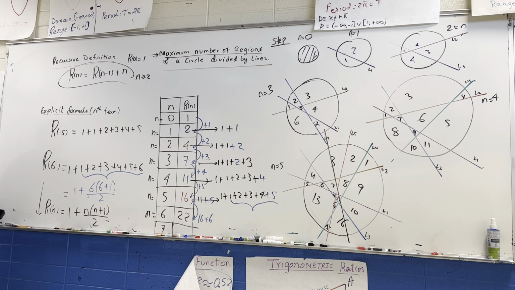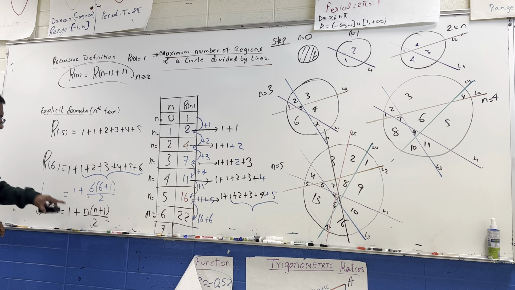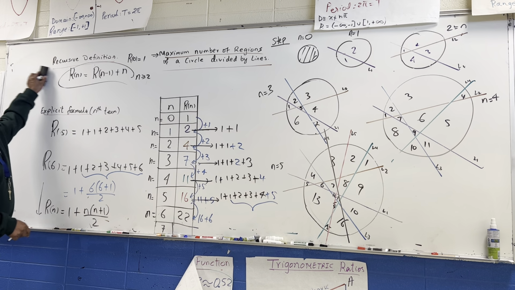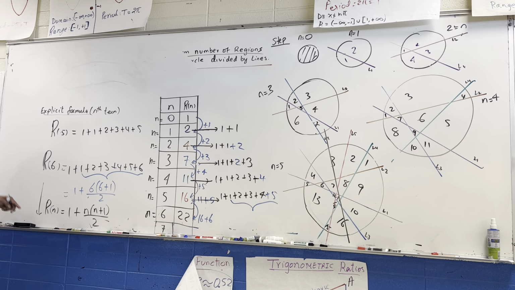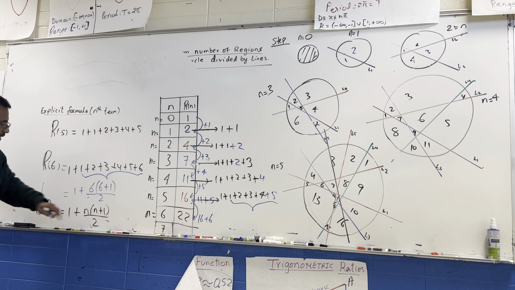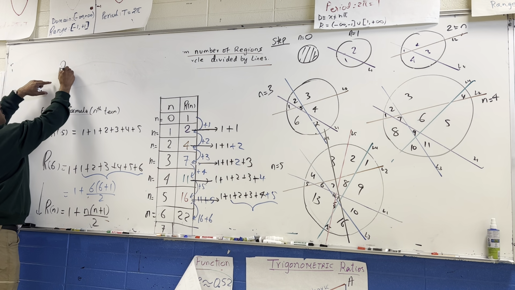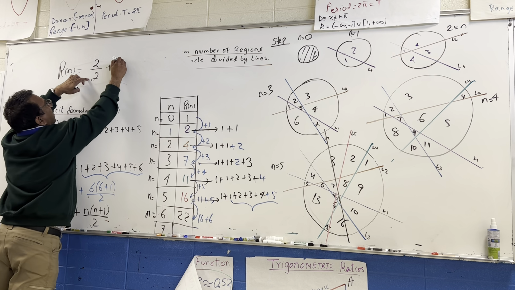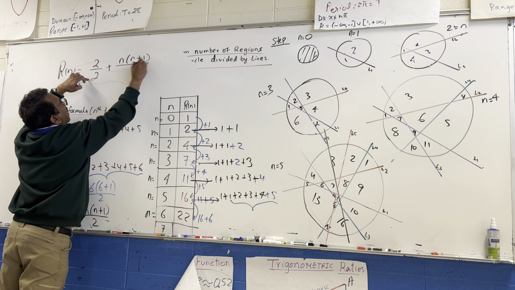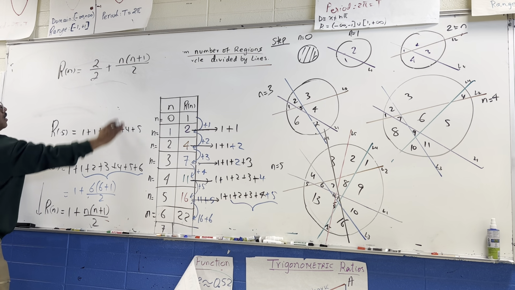Okay, now with this, I want to create a quadratic function from this. Can we do that? Because there's a 2, I can write this as Rn equals 2 over 2 plus n times n plus 1 divided by 2. So now you have the same denominators.